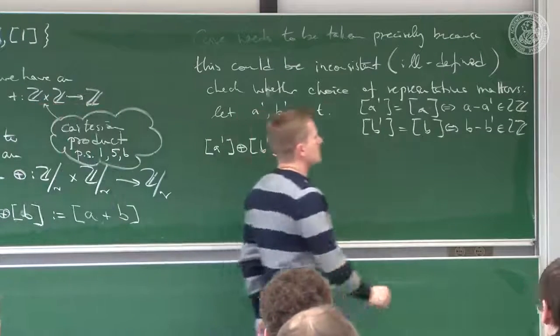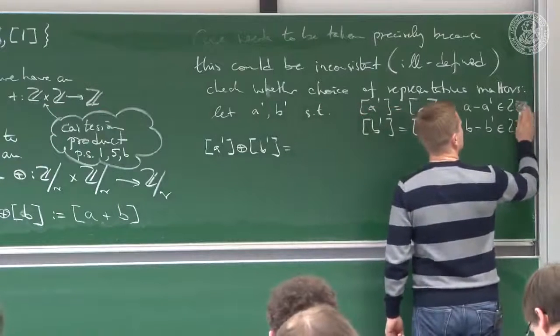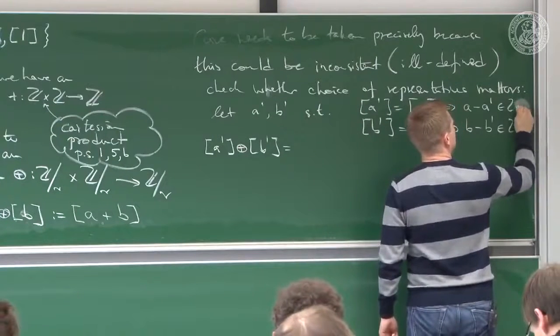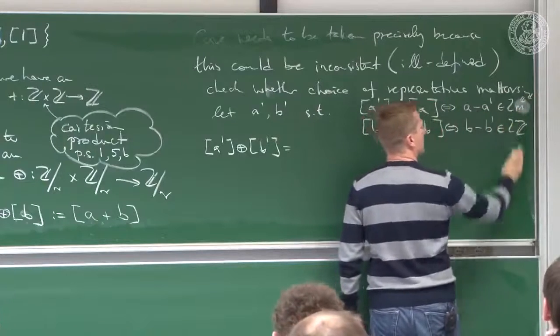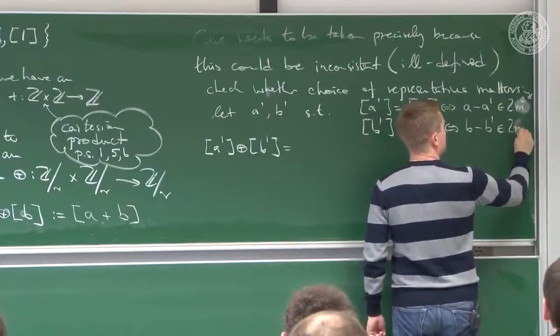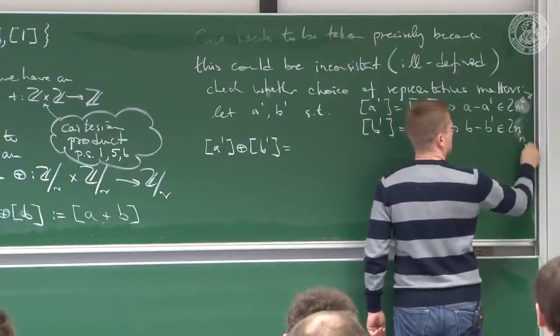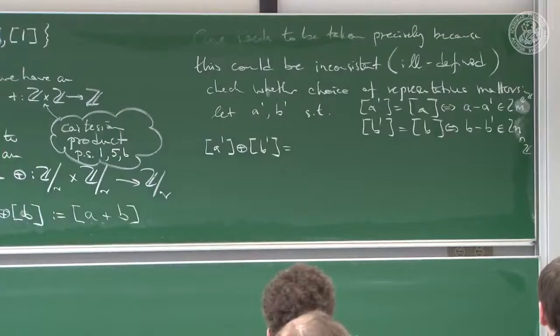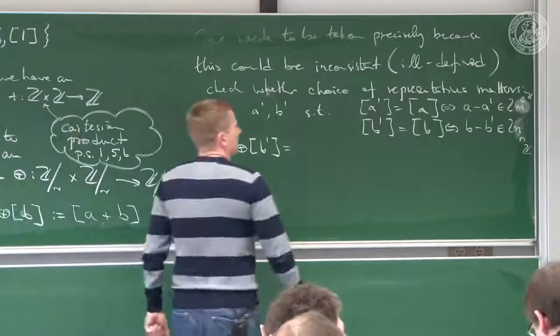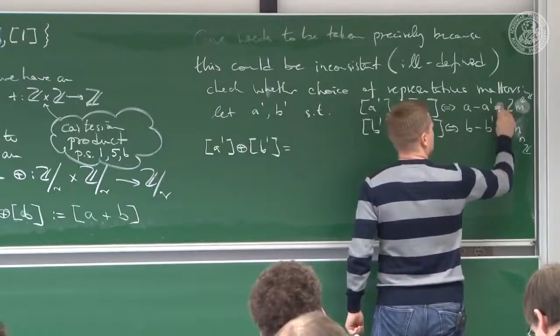Now, we can use this and say, well, if it lies in 2Z, then there exists an m in Z such that A minus A prime is 2m, and there exists an n in Z such that B minus B prime is 2n, for particular A and A prime, B and B prime. Sorry, it's not an element, in that case it becomes an equal sign.